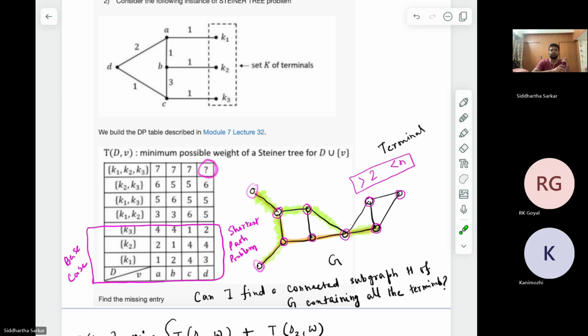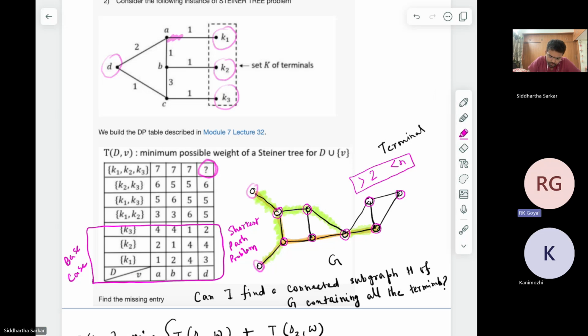So K1, K2, K3, and then D. I'll look for K1 comma A as the base case, K2 B, K3 C. Which vertices have you picked?